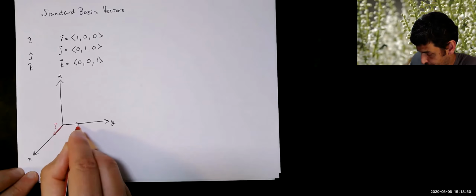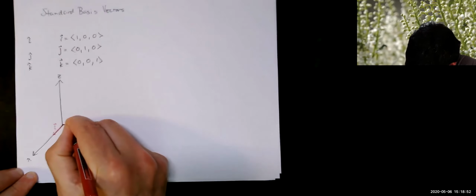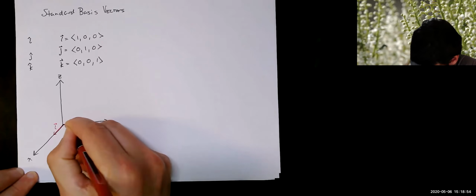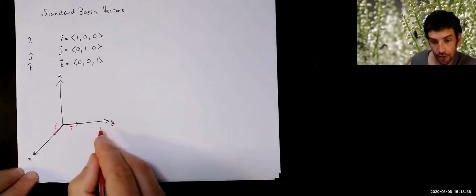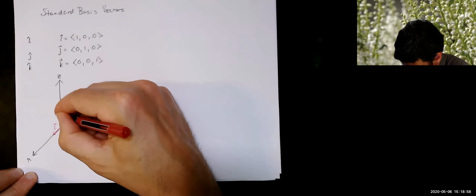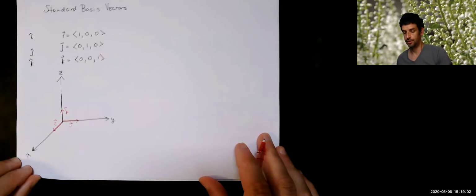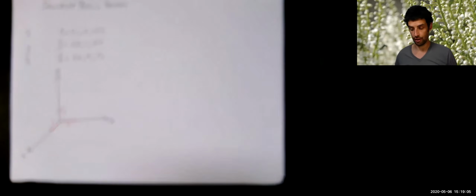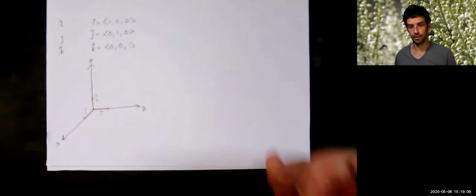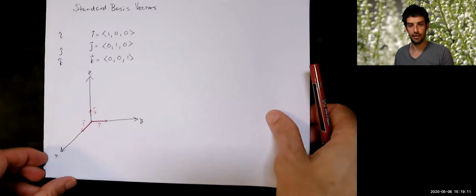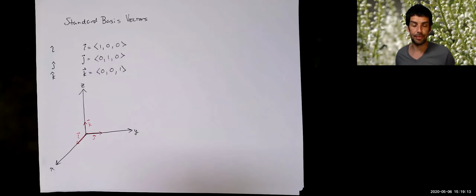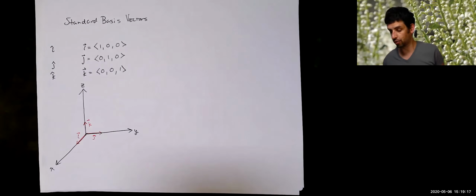J is the one that moves one unit out on the y-axis, and K is the one that moves 1 unit up the z-axis, right? Those are our three standard basis vectors I, J, and K, each one aligned to one of our coordinate axes.